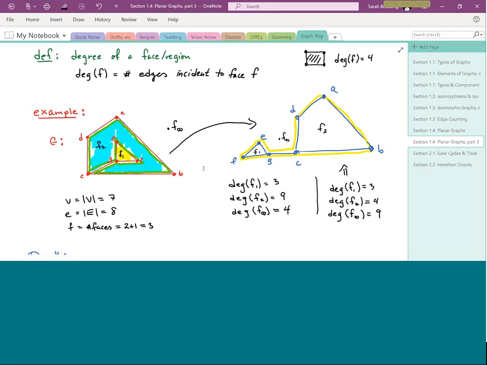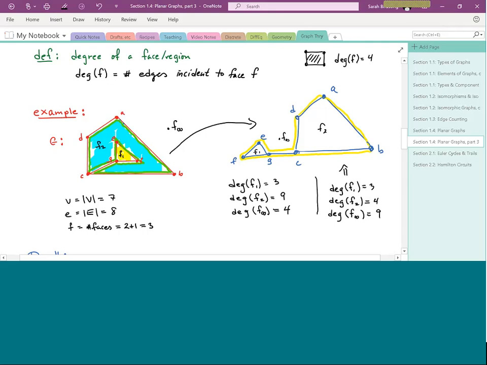Okay? So notice each one of these edges that you're dealing with, that edge will be counted in the degree exactly twice. Once for the face on one side of the edge and once for the face on the other side of the edge. Or if you're over here, once for the face on one side of the edge and once for the face on the other side of the edge.